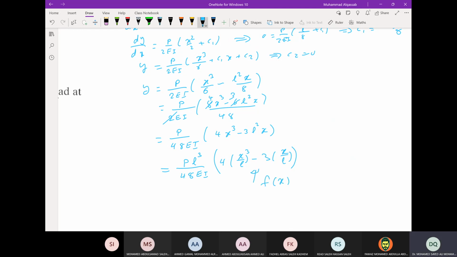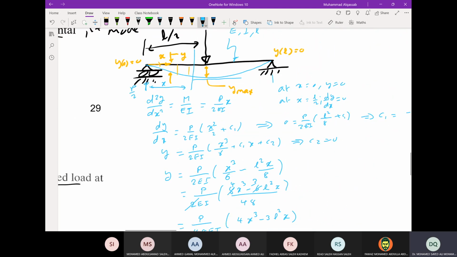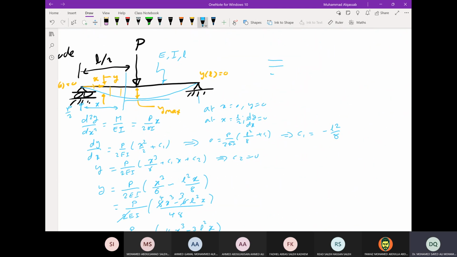This is what we need. Okay, and the whole thing is to be modeled as a spring mass system. This is K equivalent, and this is the M effective moving with Y maximum.